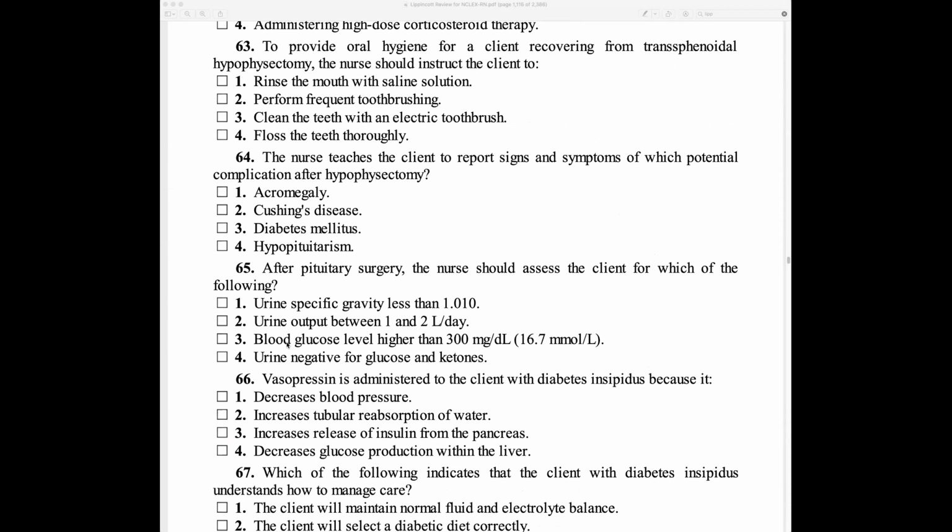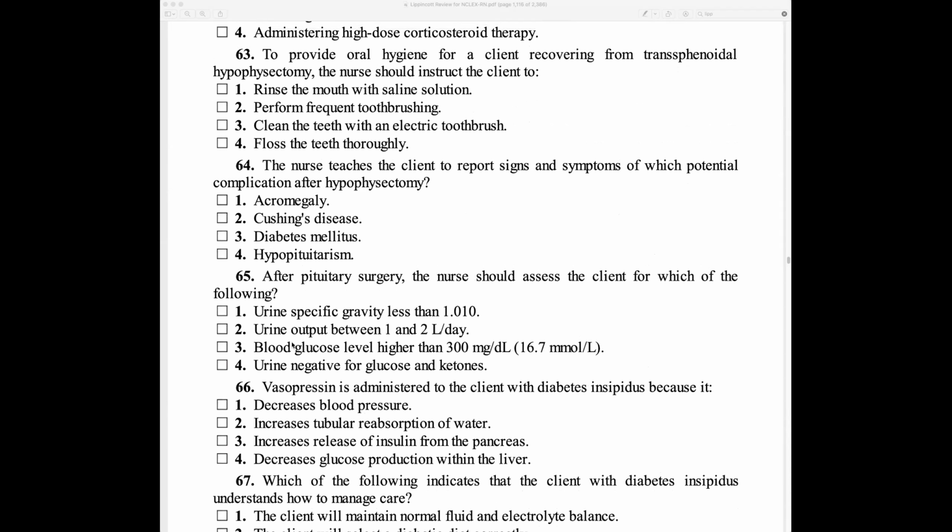To provide oral care for a client recovering from transsphenoidal hypophysectomy, the nurse should instruct the client to, what would you choose if this was the NCLEX?